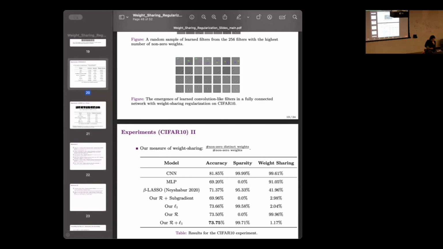So if I say R of W smaller than some value, I could project on this set. Well, that's a bit tricky. You kind of have to do some kind of search on how large the box should be.